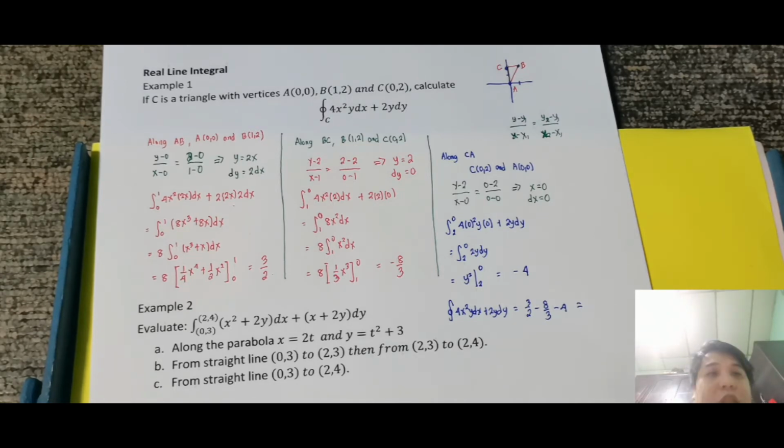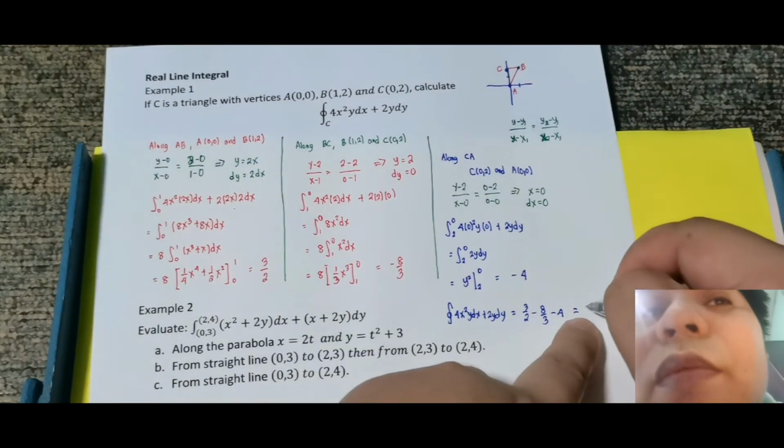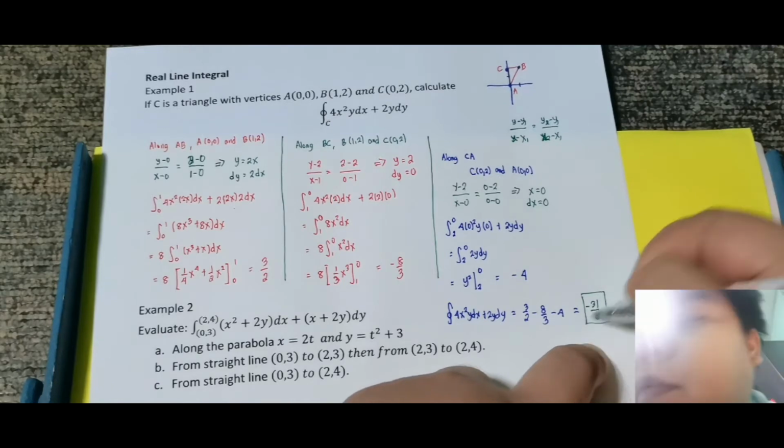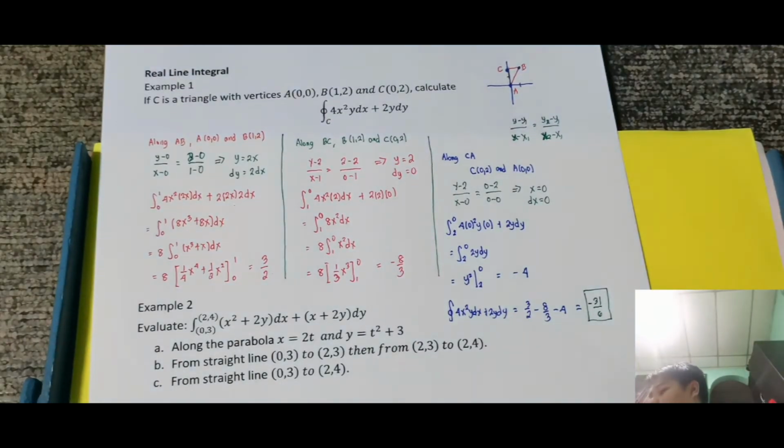Nakalimutan ko na, so this is 3 over 2 minus 8 over 3 minus 4. Okay, so that is negative 31 over 6. So sir, okay lang yun? Yes, okay lang yan. That is usapang line tayo. Saka yung galaw natin is pag ganun hindi pa ganito. Okay, so this is negative 31 over 6. Ito yung kanya integral.